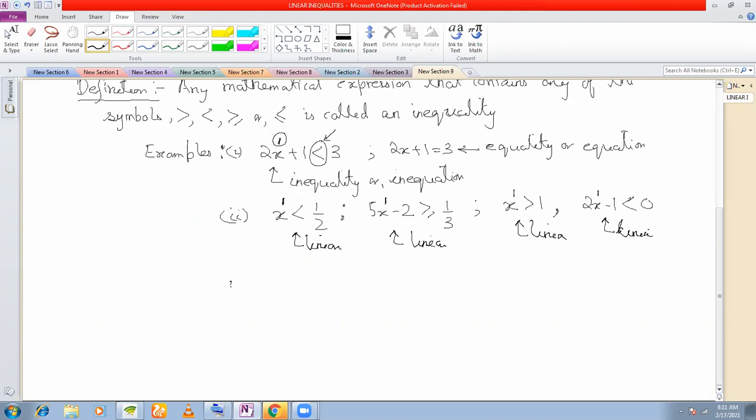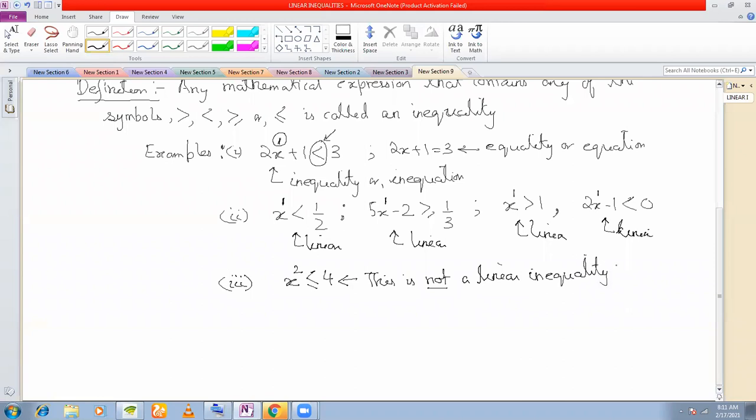Now what is the non-linear inequality? Say x square less than or equal to 4. This is not a linear inequality. This is not a linear inequality because you see the power of x here is 2.